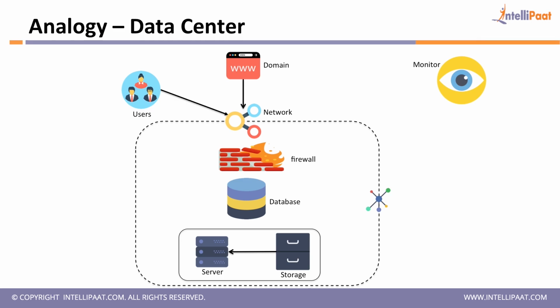To take proactive or reactive action, you need to have something monitoring your entire infrastructure. So you'll have some monitoring in place. For proactive or reactive measures, the monitoring will notify you using either a page, SMS, or email. So that's a very high-level view of how a data center looks.